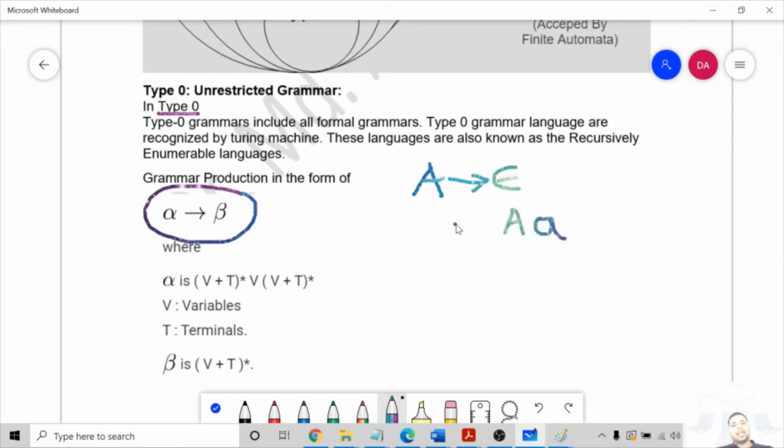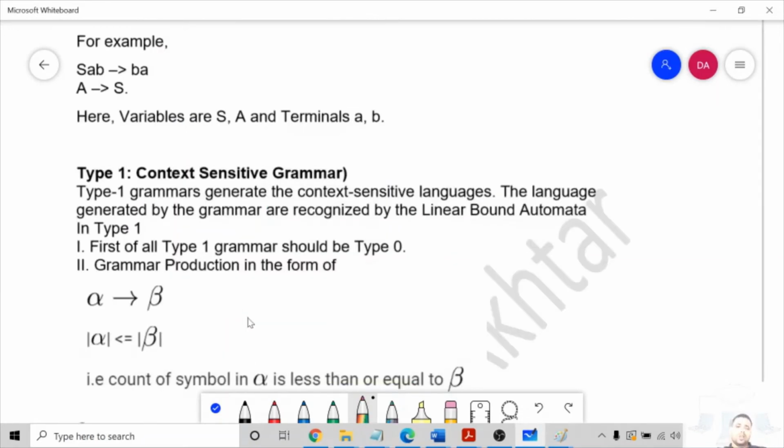Here we have no restriction on the left hand side and no restriction on the right hand side.